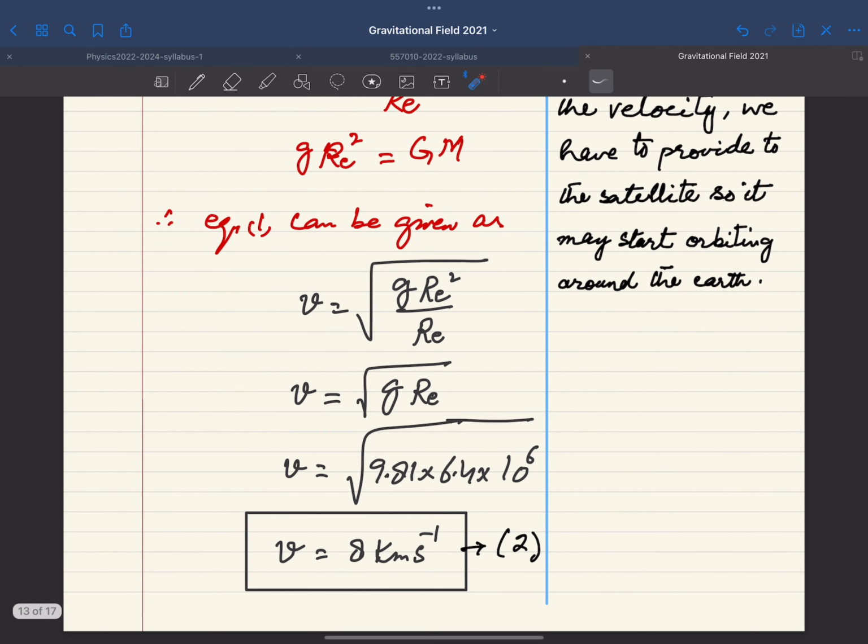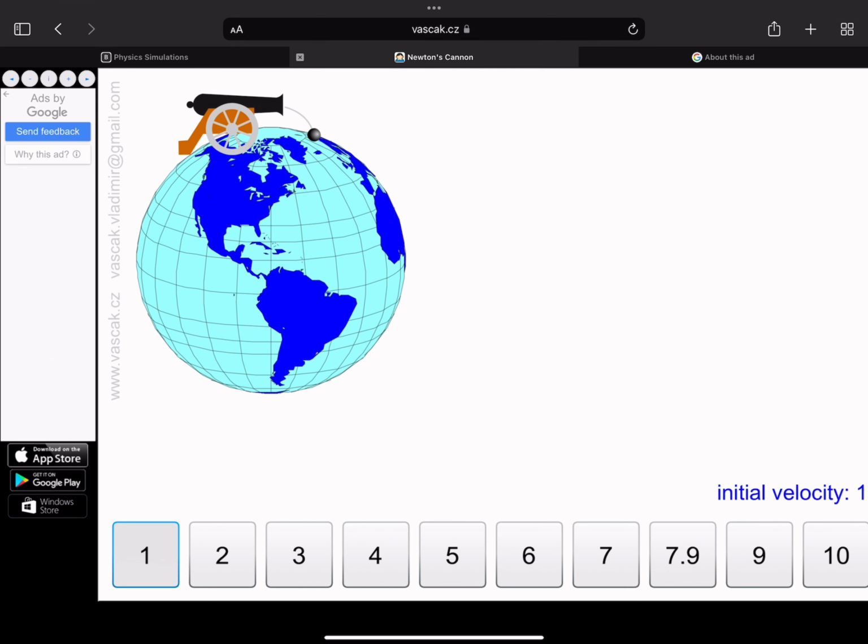Here I just want to mention that when you are throwing a ball, or say a shell from a cannon gun, you may have a situation where you slowly and gradually increase the velocity of the shell, and you can see that it is still not orbiting around the earth.